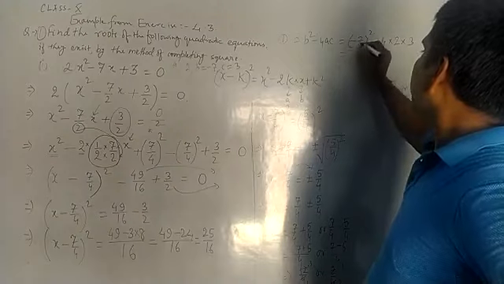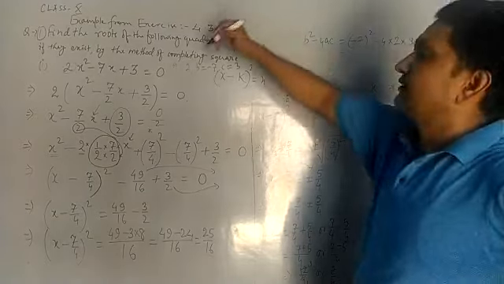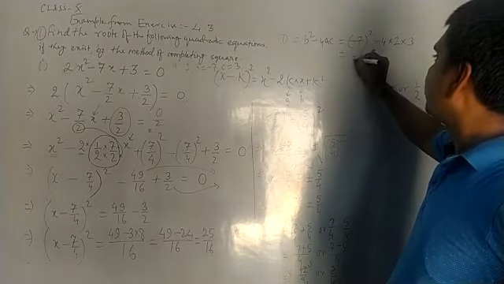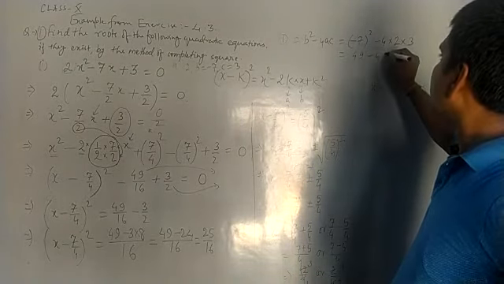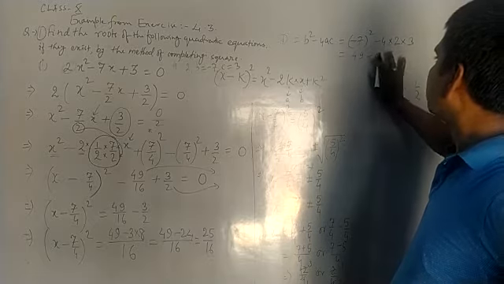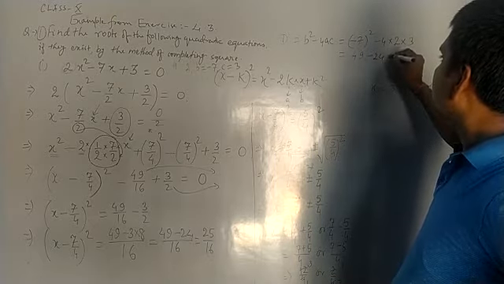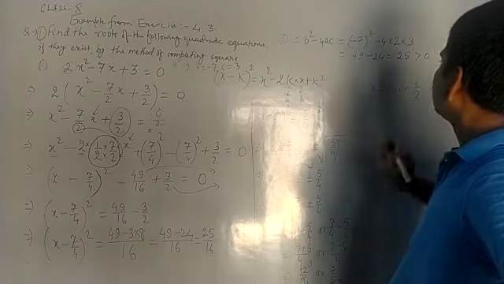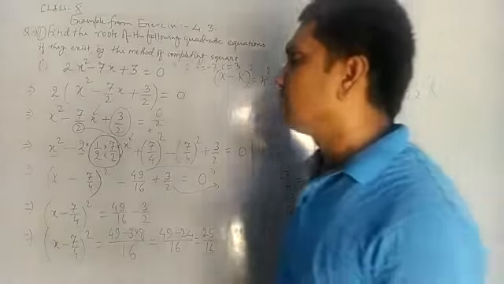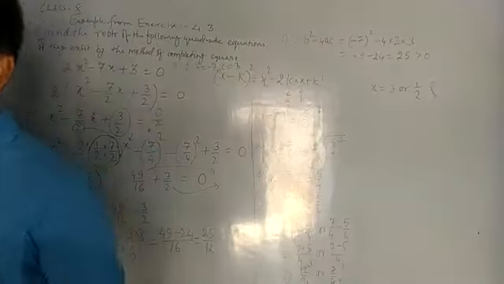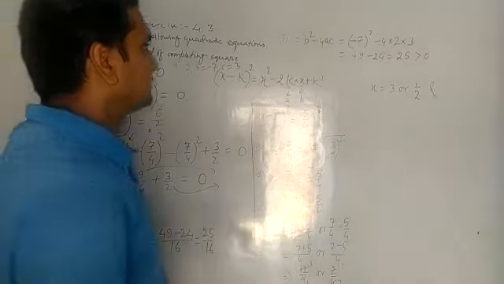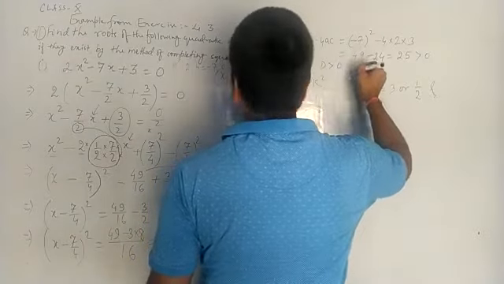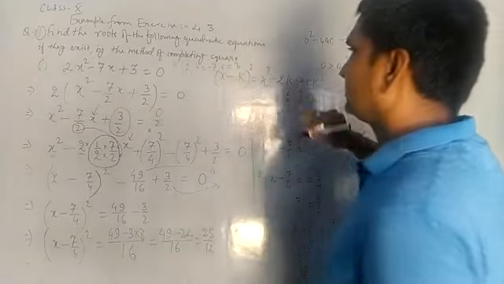This should be positive, only then all this is possible. So first we will check. Here it will be 49 minus 4 into 2 into 3, that is 24. So that is 25. Is it positive or not? 25 is a positive number, so its solution is possible. So we write, since D is more than 0, therefore roots will exist.